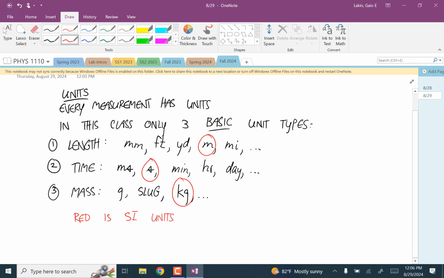So any units in SI units are combinations of these three things. These are not all of the basic units in the world. You can also think of electric charge as a unit, or magnetic field strength as a basic unit, but we're not using any of those. These are the only ones we're going to see.